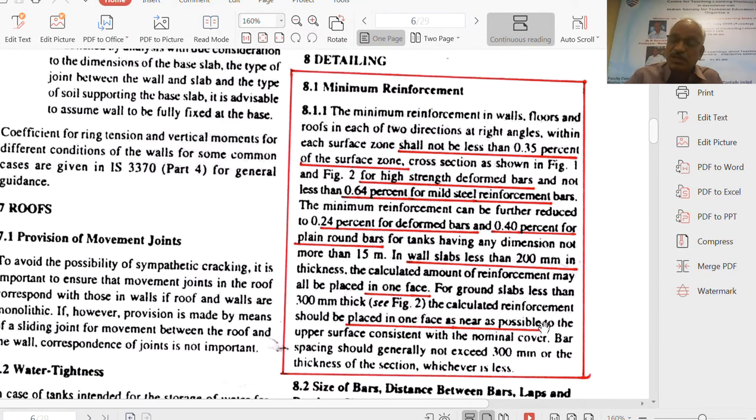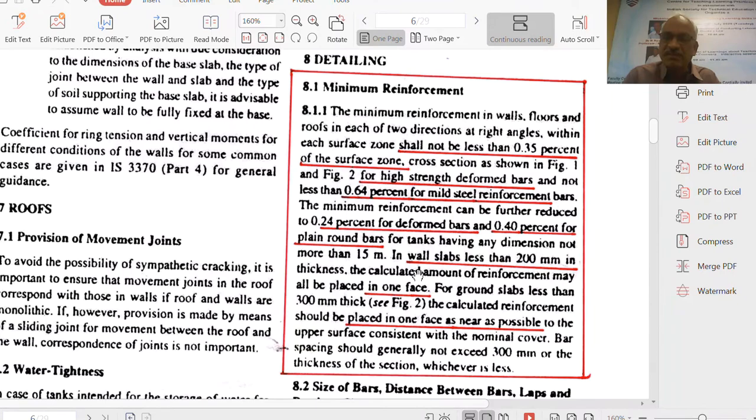It is to be placed as near as possible to the upper surface, consistent with the nominal cover. Bar spacing should generally not exceed 300 mm or the thickness of the section, whichever is less. So these are things before starting the design.